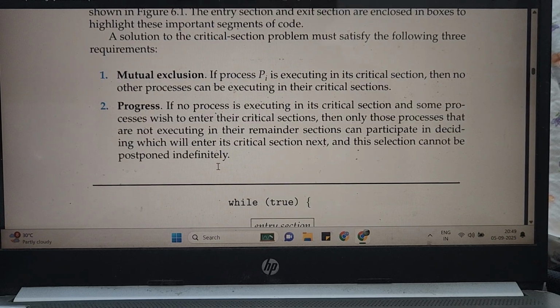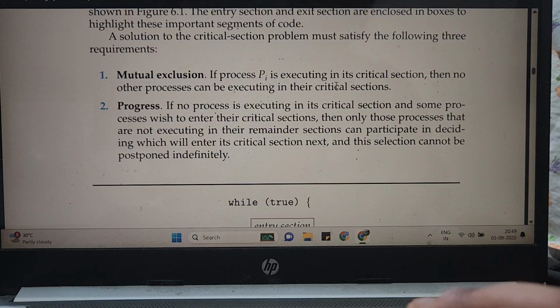Before we look at solutions to the problem, we'll see what constraints the problem must satisfy. I said the problem is how do you define a system which makes sure at most one critical section is executed, right? So when you design a system, what are some requirements from this system? Mutual exclusion. If Pi is executing its critical section, no other process can be executing its critical section.